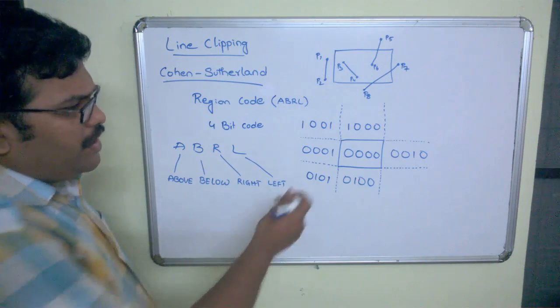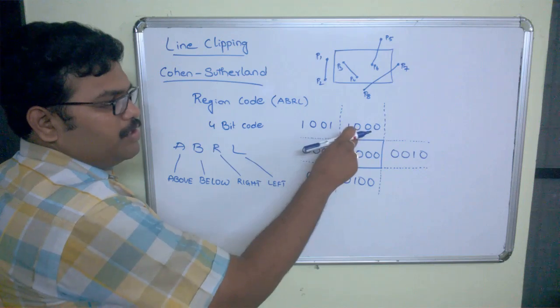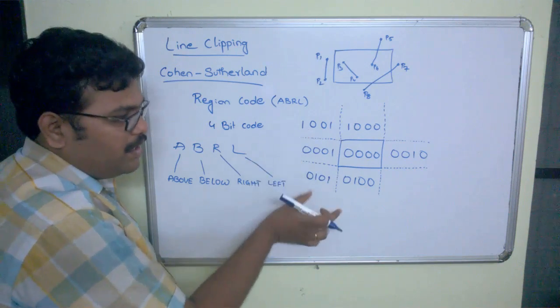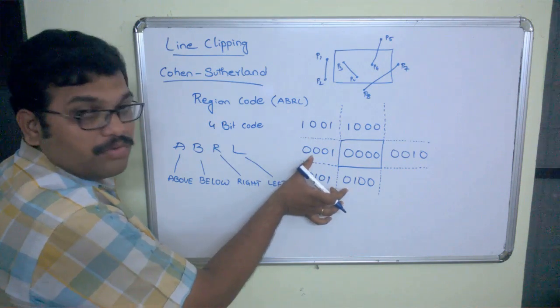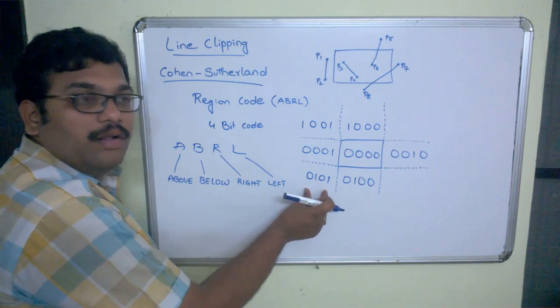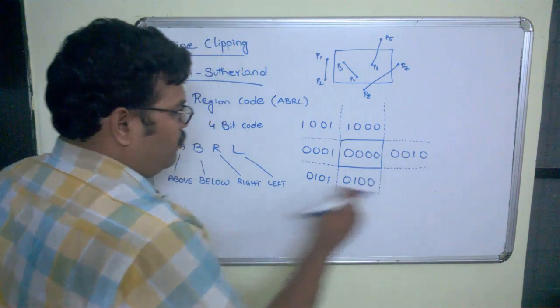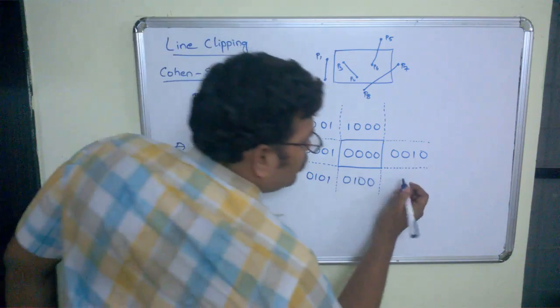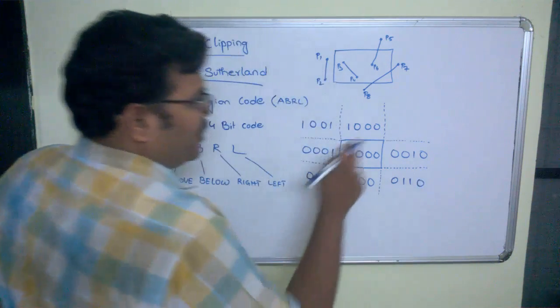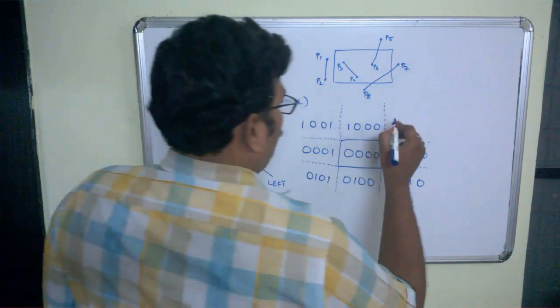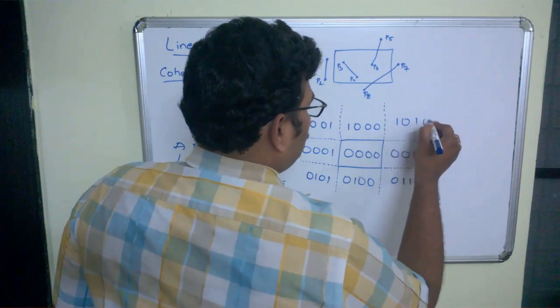So you can simply observe that the XOR operation of these 2 region codes is 1, 0, 0, 1, and the XOR operation of these 2 region codes gives this 0, 1, 0, 1. And this is right below, that means right below is 0, 1, 1, 0, and right above is 1, 0, 1, 0.